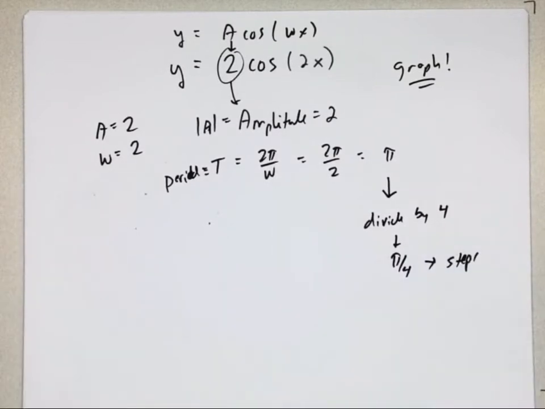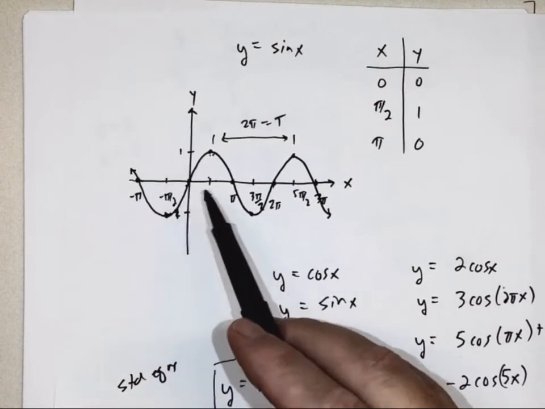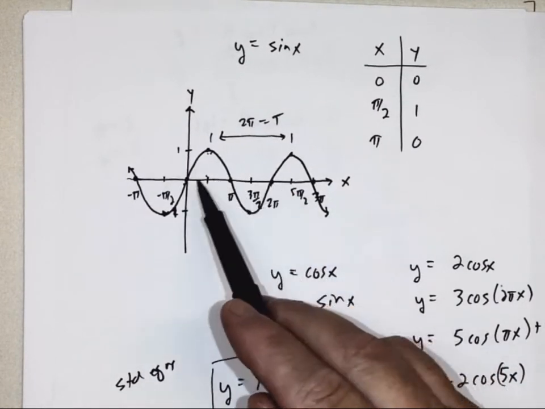Because when I divide the period by 4, that tells me where I should put my steps or my marks for my graph. In other words, when I did these graphs, I went from 0 to 2 pi.